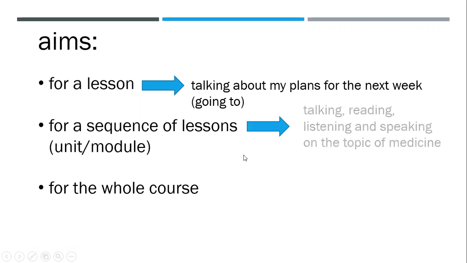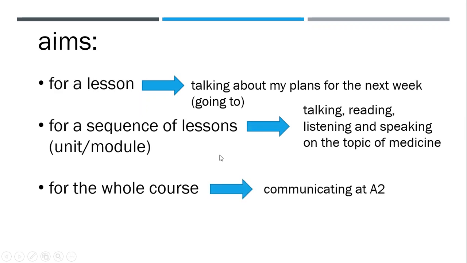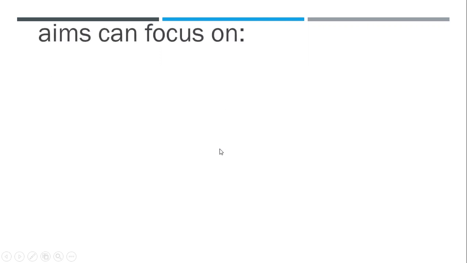A sequence of lessons would mean that, for example, in this unit, we are learning to talk, read, listen, and speak on the topic of medicine. And if you're talking about the whole course, the aim may be to be able to communicate at A2 level of CEFR.